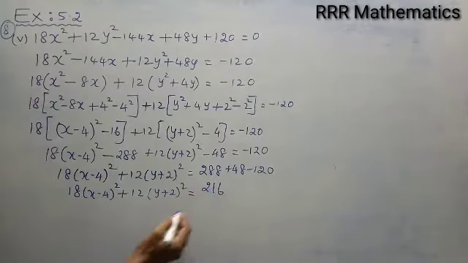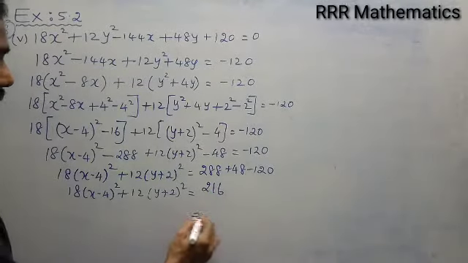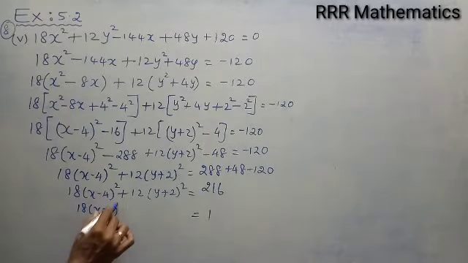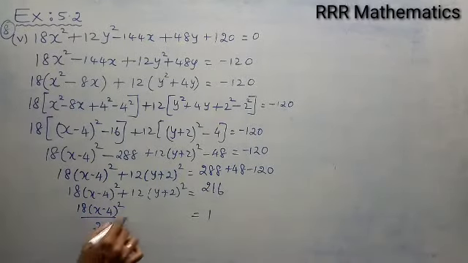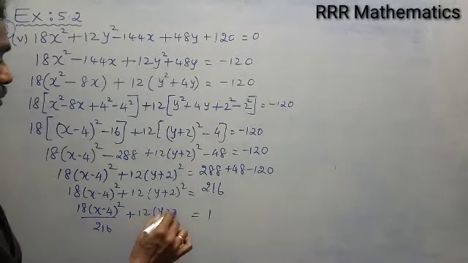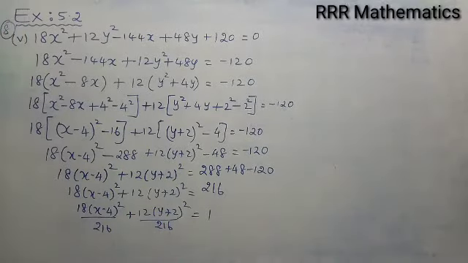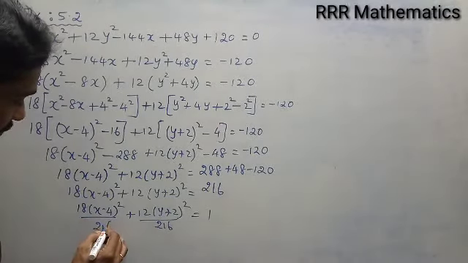Now bring this 216 here. It will be 1 when you divide. 18 times (x minus 4) whole square by 216 plus 12 times (y plus 2) whole square by 216. Simplify these two. How many 18 here?